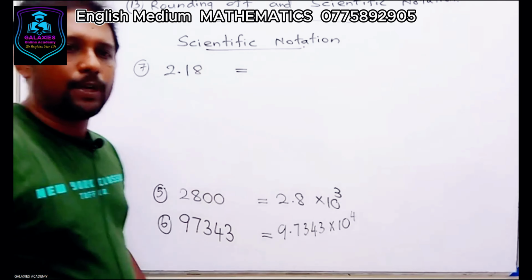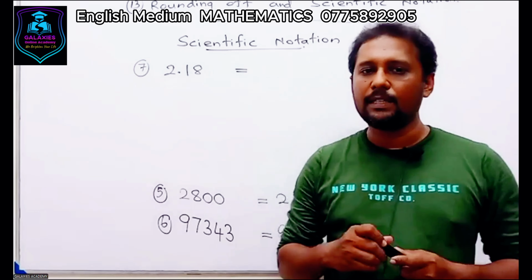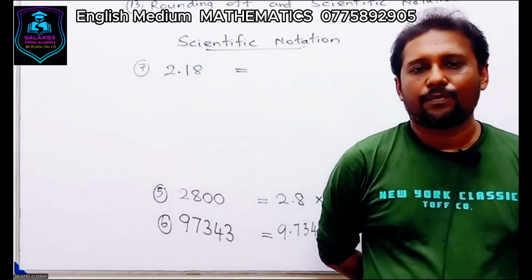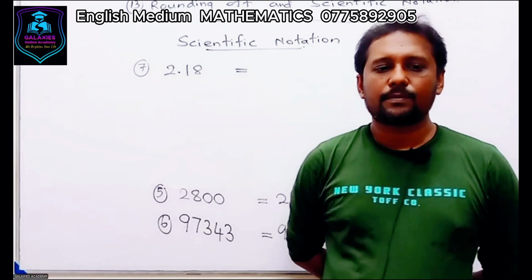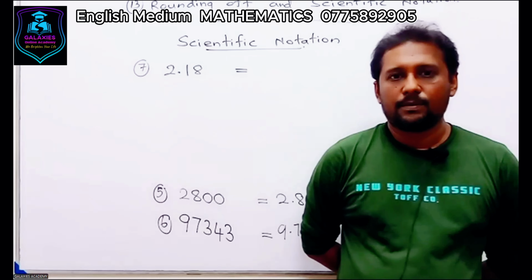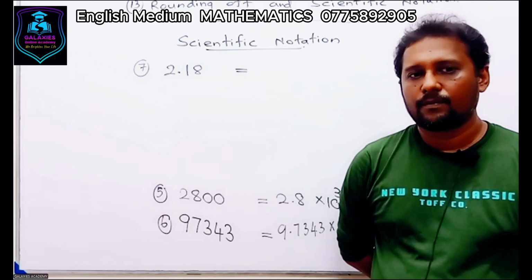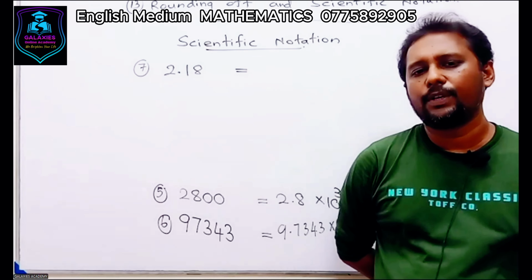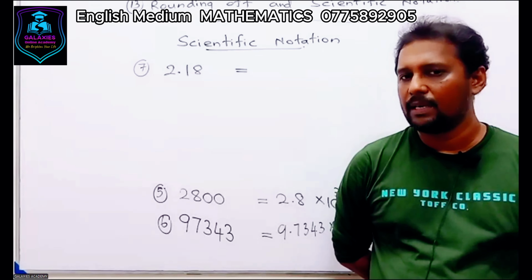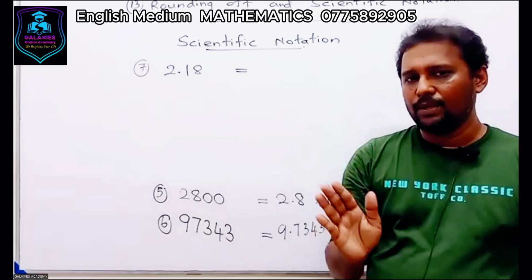2.18. Example number 7. Where do you have to keep the decimal point of this number, 2.18? In this number, what is the first digit except 0?